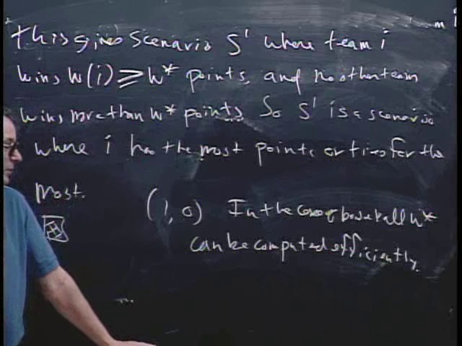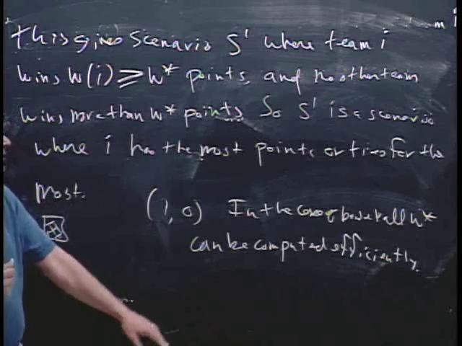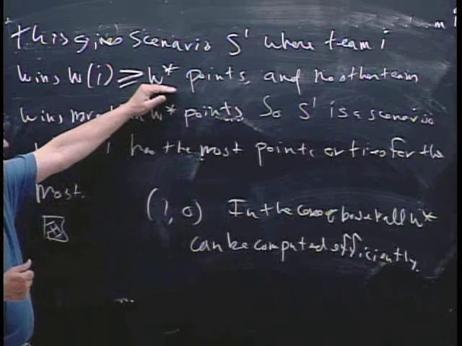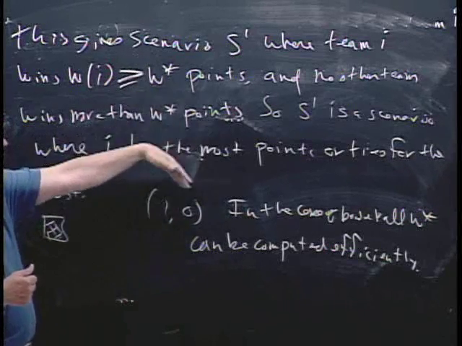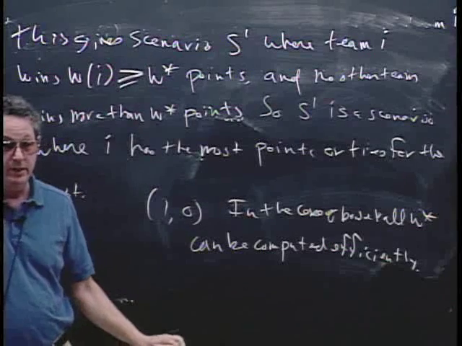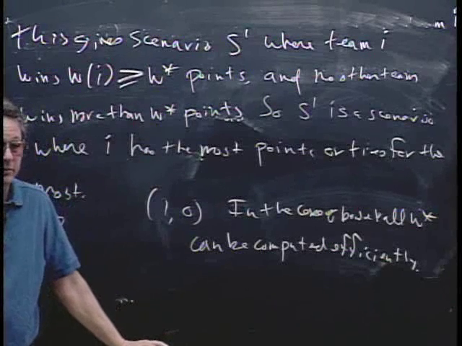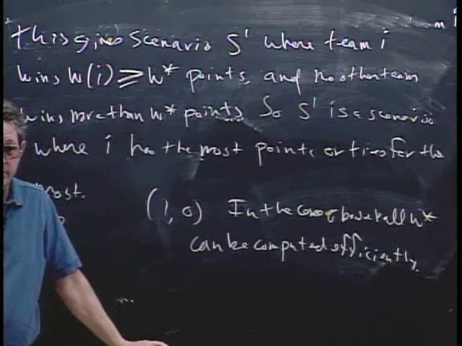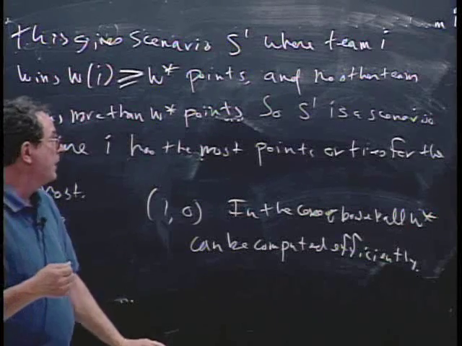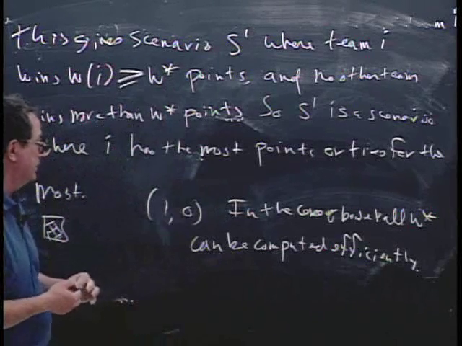In the case of European football, even though W star exists, this theorem tells you W star always exists. There is a number, a single number, which you can use to then determine which teams are eliminated and which are not. Computing that number is not easy.